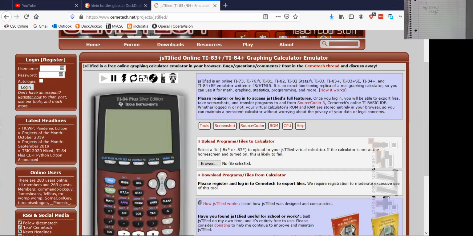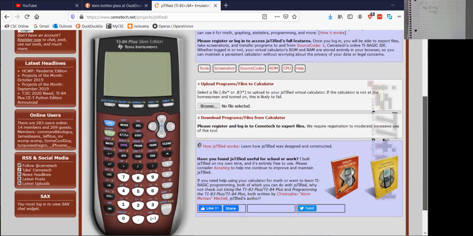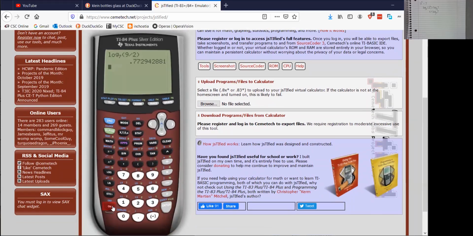But then what happens? Well, if you happen to have the right brand of TI-84 calculator, we can go into the math menu and we can find log base.